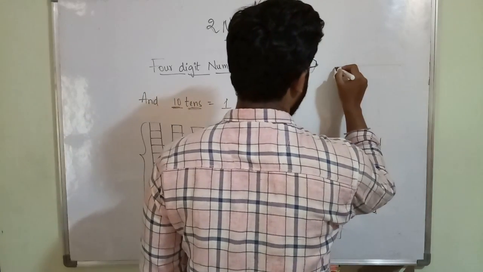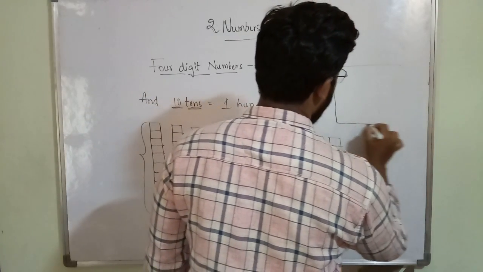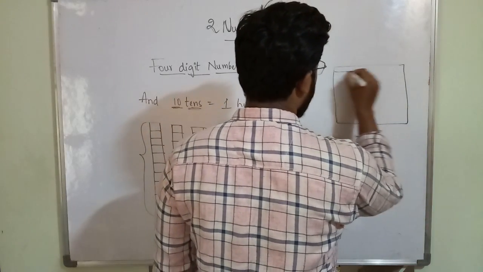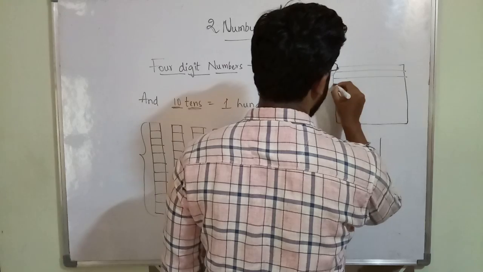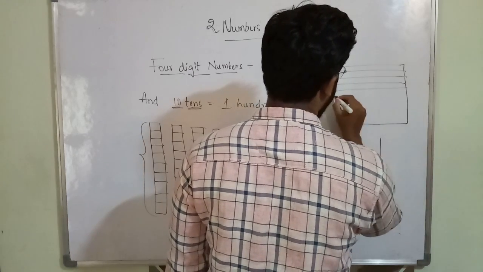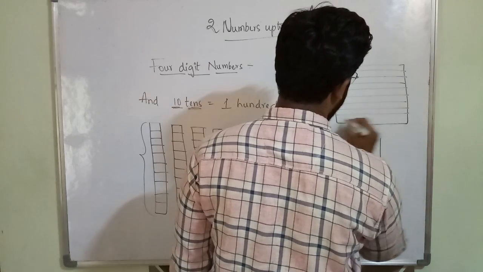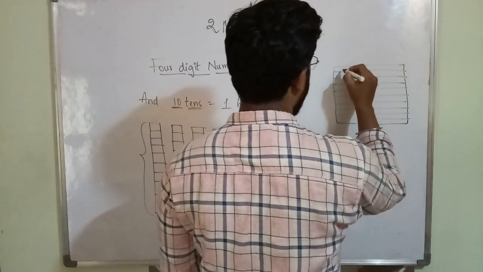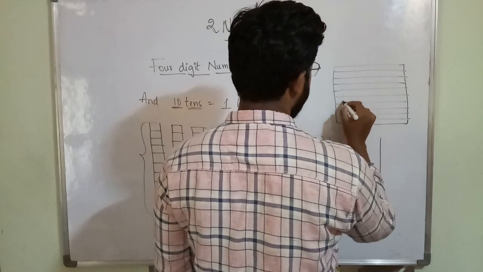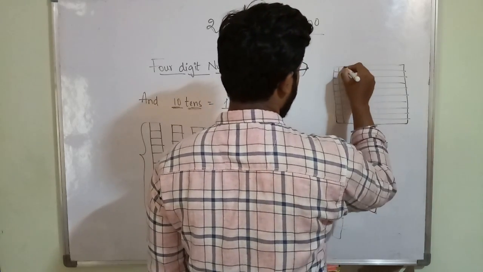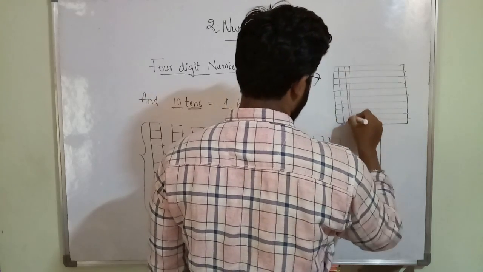So these all are combinedly, what you will get? You will get a box like this. 1 2 3 4 5 6 7 8 9 10 rows and 10 columns.